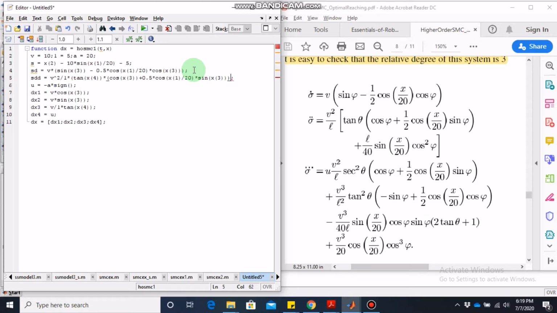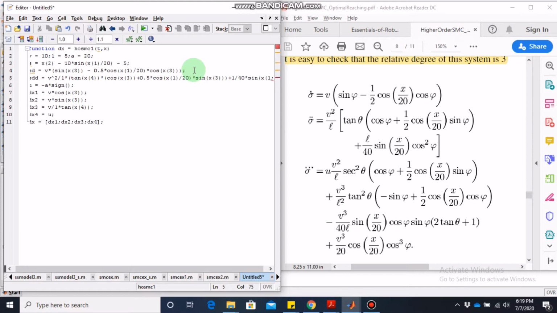And now we close this bracket where we have the tangent one, and then we add plus L by 40 multiply by sine of x by 20, which is x1.